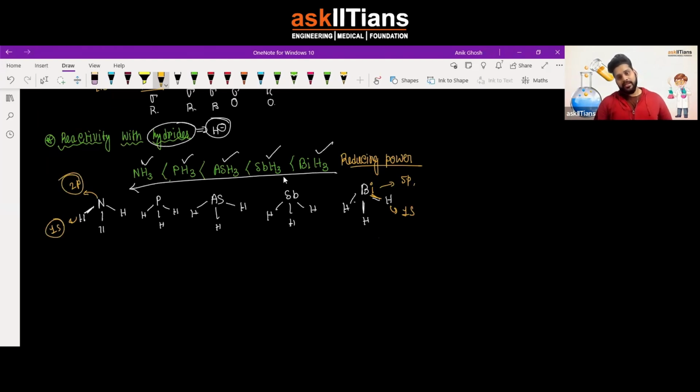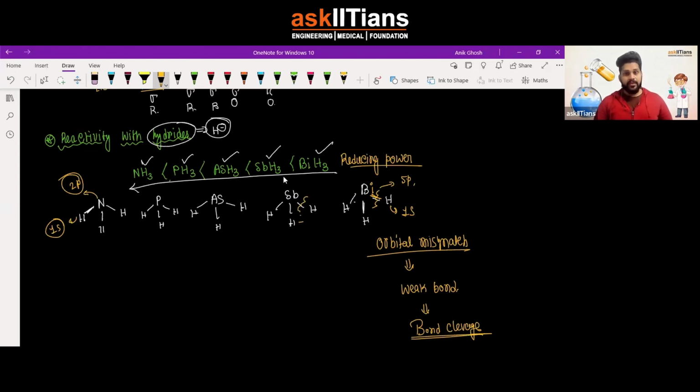So here you can see that a huge orbital mismatching is happening. If there is an orbital mismatch, then there is a weak bonding. If there is a weak bond, then there is a bond cleavage. Very easily, this bond breaks.